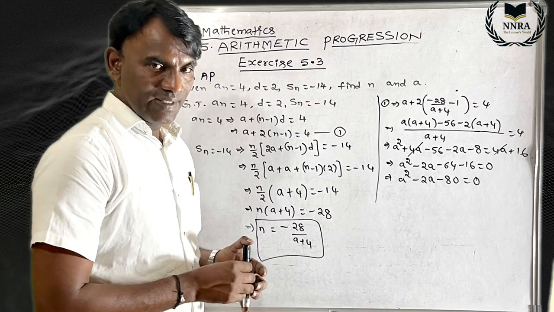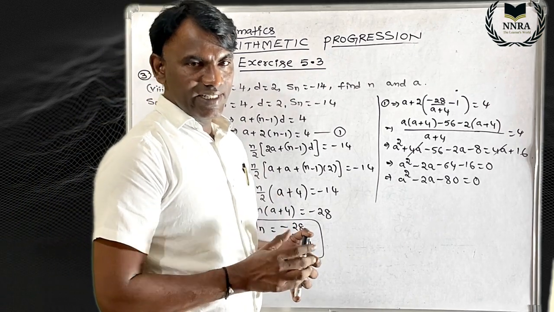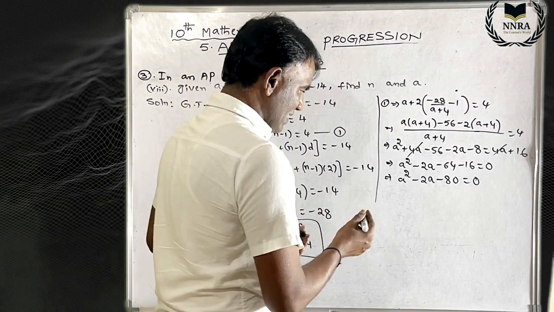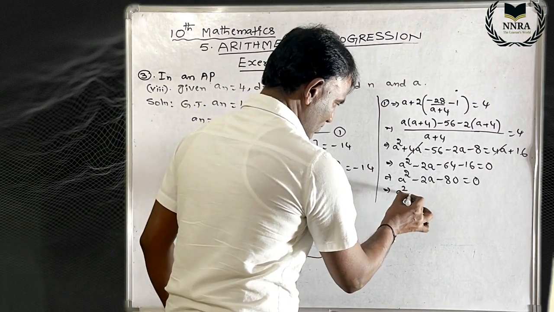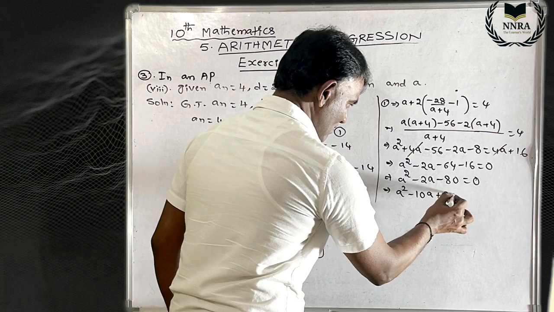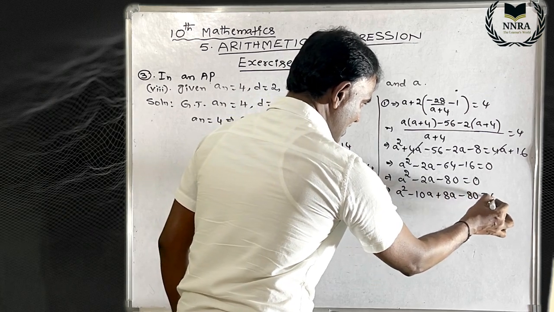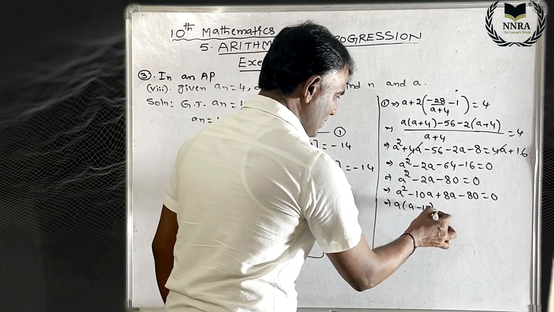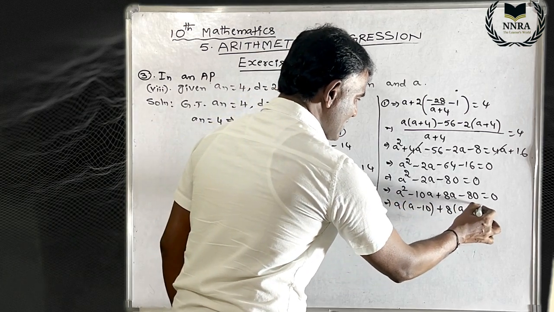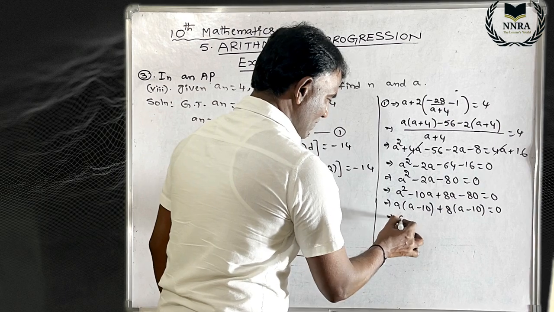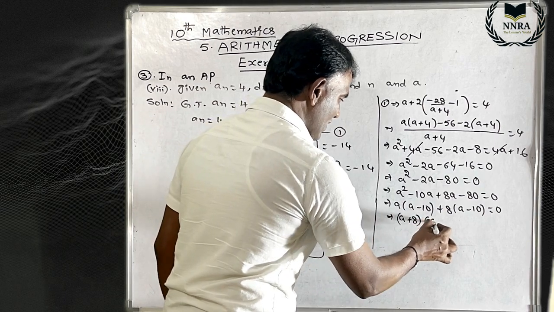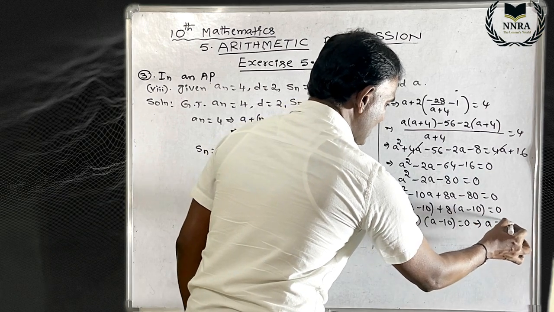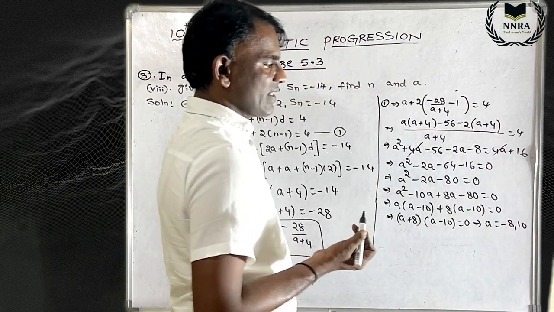Minus 80: if you take minus 10 into 8, minus 80, and minus 10 plus 8 is minus 2. Then a square minus 10a plus 8a minus 80 equal to 0. Now a into a minus 10 and 8 into a minus 10 equal to 0. So from this we get a plus 8 into a minus 10 equal to 0. Now the possible values of a are minus 8 and 10.